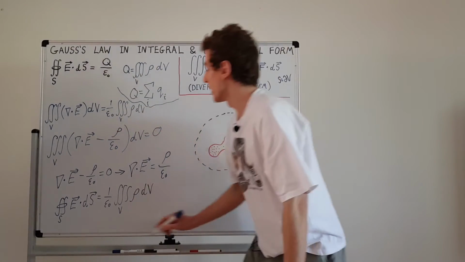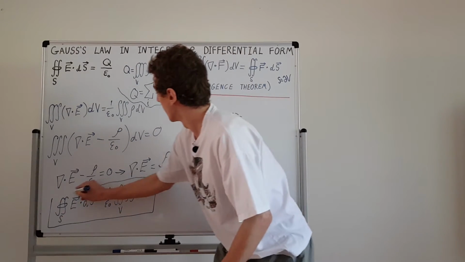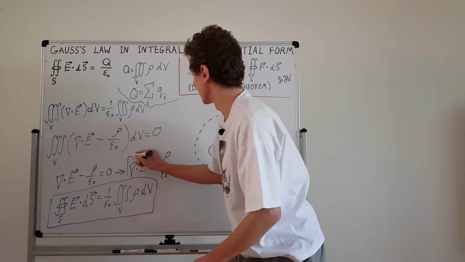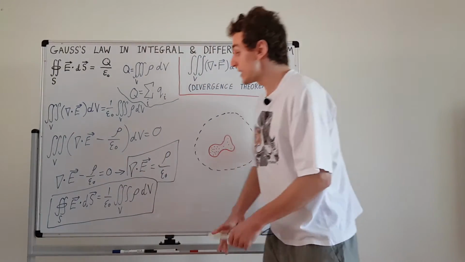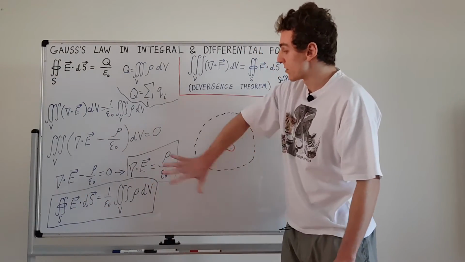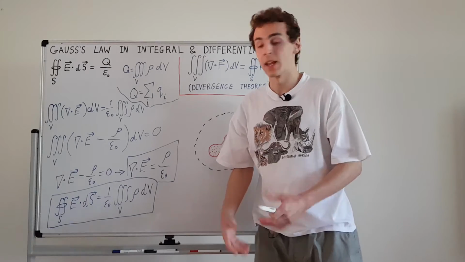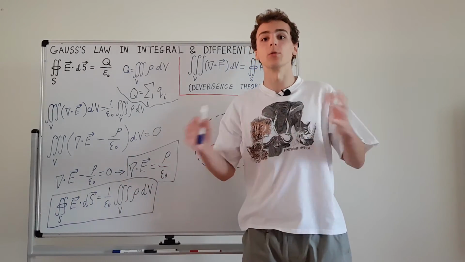So what do we have? We have this guy. And I'll also put a box around this guy because both of these guys are actually the same thing. They're equivalent, right? This guy is the integral expression of Gauss's law, and this guy is the differential way to express that. So these are two different representations of the same underlying physical law.